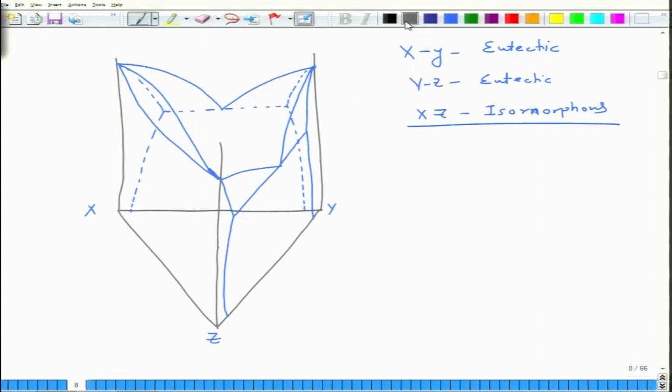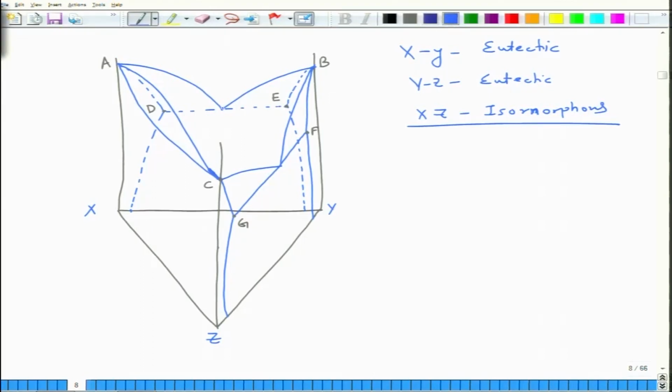Let us say I identify them as A, B, and C, then we say this is point D, this as point E, this is point F, and this is point G. And then we can draw a few lines here.